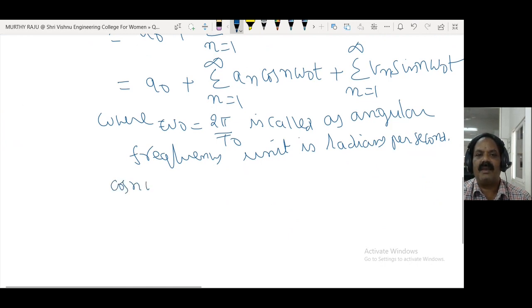Cos n omega naught t and sin n omega naught t are the functions involved here. The sinusoids sin n omega naught t and cos n omega naught t are called the nth harmonic.